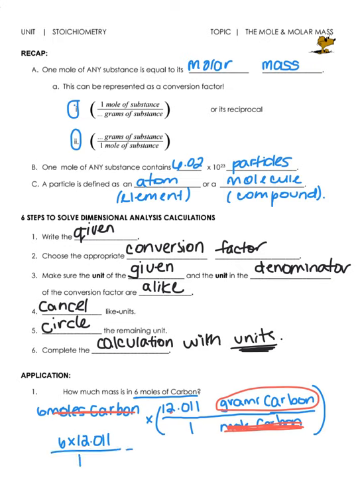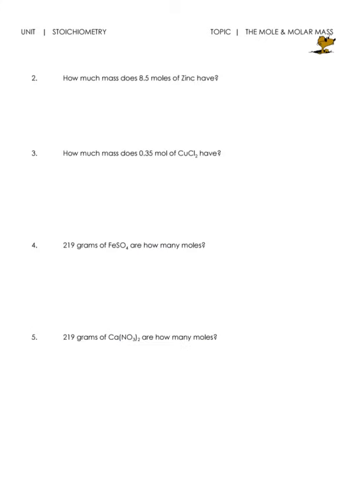So my answer is going to come out to be 72.06 grams of carbon. So what this means is that if you had 6 moles of carbon, it will have a total mass of 72.06 grams.